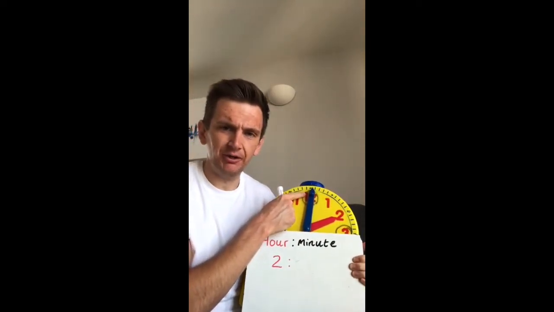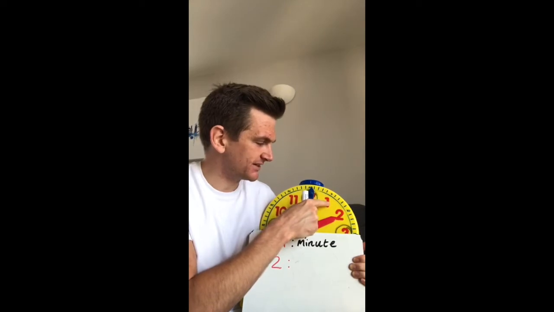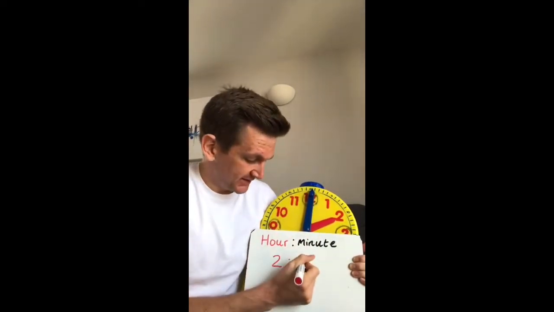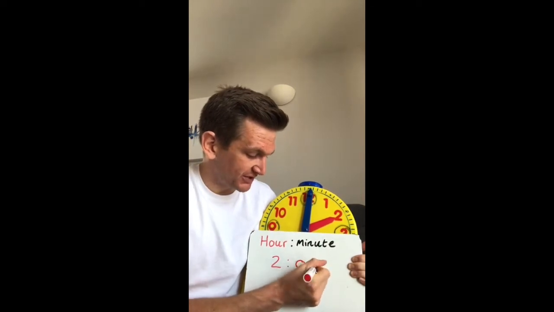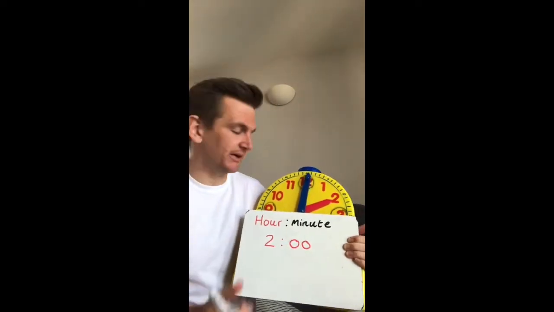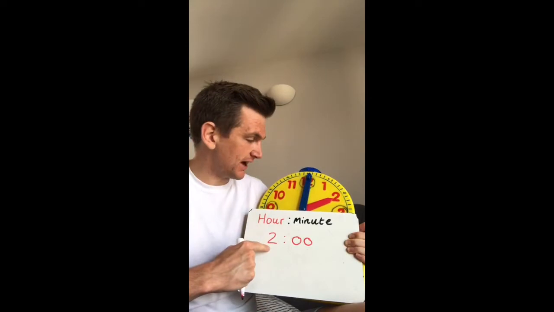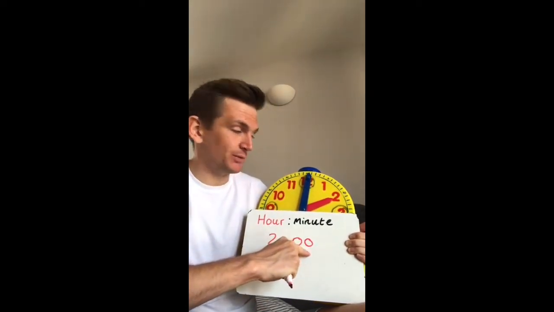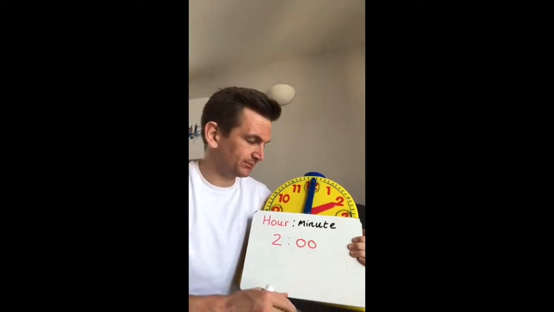Does anybody know? Remember, this is going to take 5 minutes to get to here. The o'clock would be 0 minutes, because remember, it's the start of a brand new hour. Okay, so it's 2, the second hour, followed by 0 minutes, because we haven't started that new hour yet. Okay, so right at the very beginning.